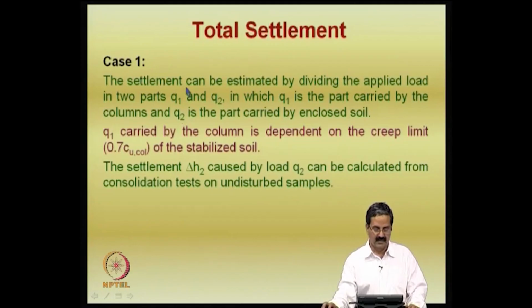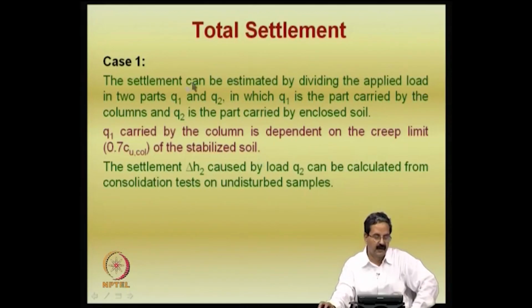Total settlement can be estimated by dividing the applied load into two parts, Q1 and Q2, in which Q1 is the part carried by the columns and Q2 is the part carried by the enclosed soil. Q1 on the column is dependent on the plastic limit, it is the CUL of the stabilized soil.